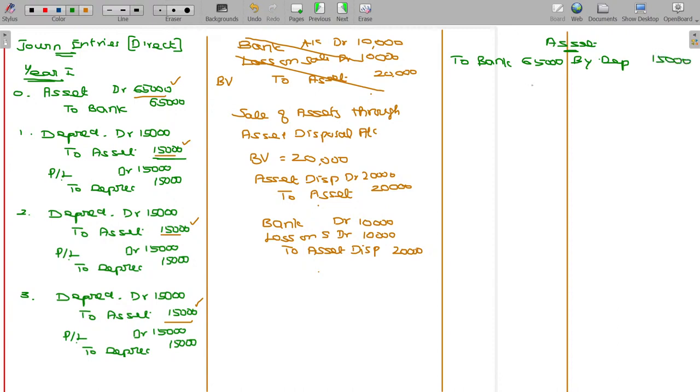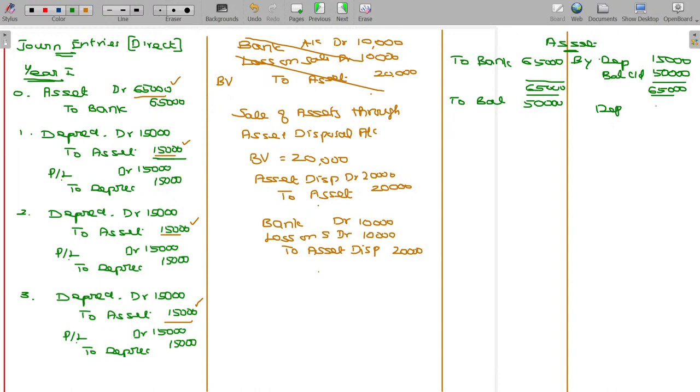After this depreciation, the value of the asset is 50,000. Balance carried down, then balance brought down for the next year, to balance brought down 50,000.